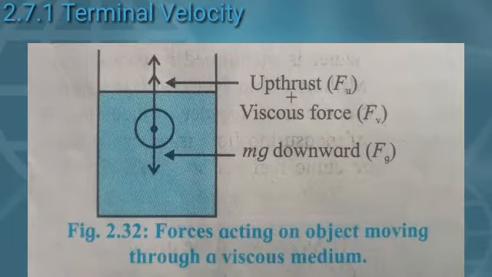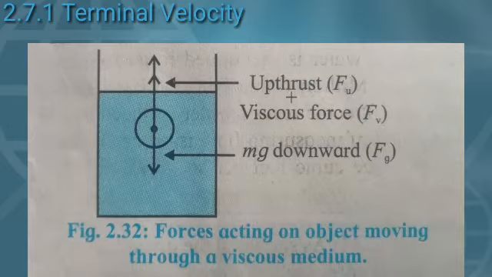Terminal velocity. Consider a spherical object falling through a viscous fluid. The forces exerted on it during its downward motion are: number 1, viscous force Fv directed upward.